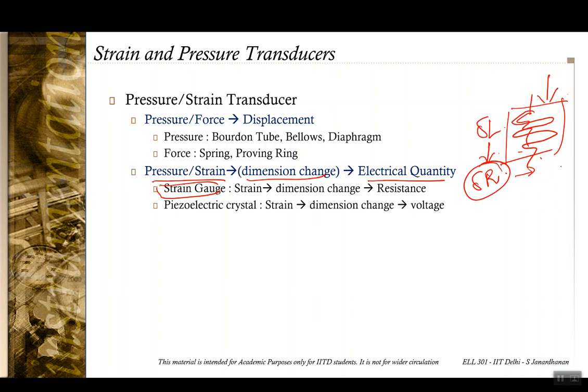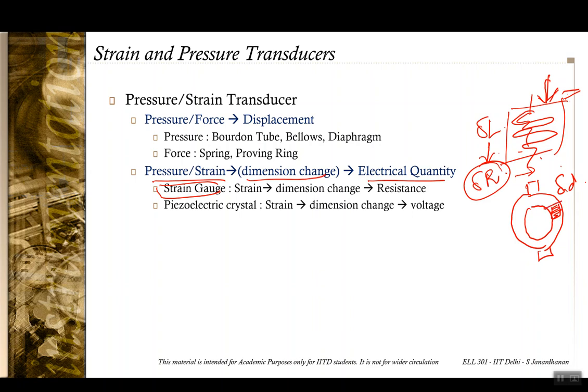Let me give an example. You have a proving ring here. We could have used the proving ring directly and measured its displacement, or we could put a strain gauge on it.